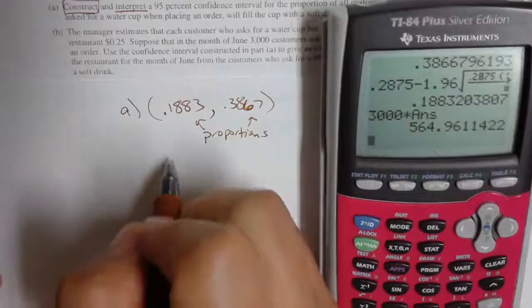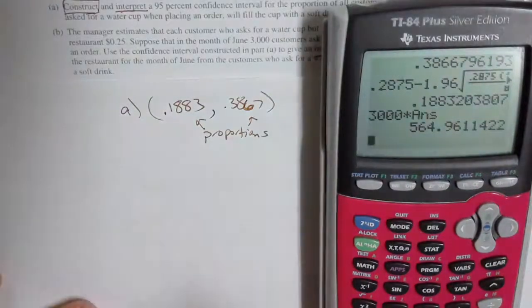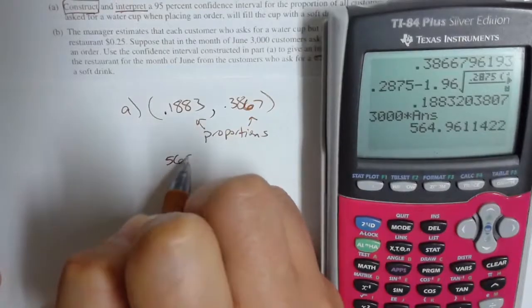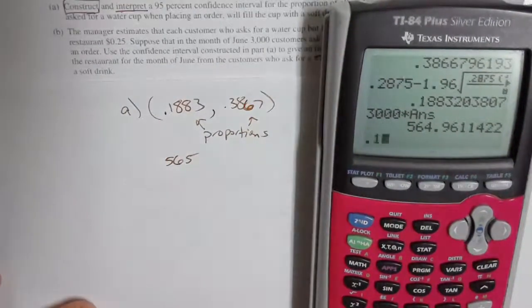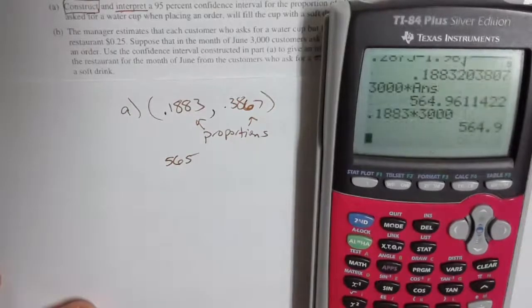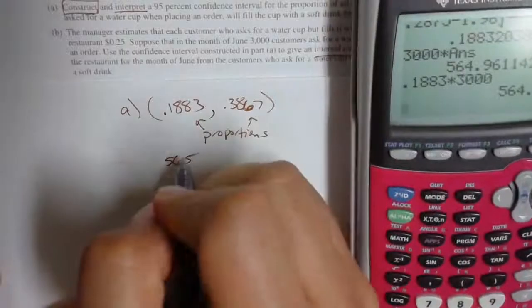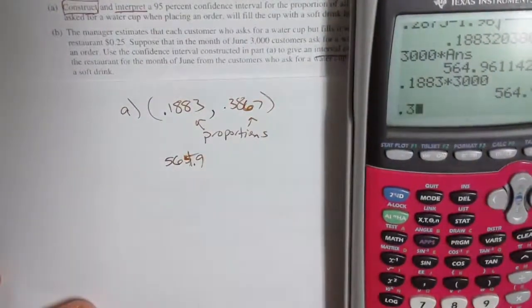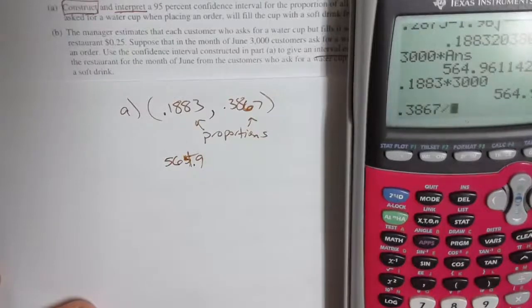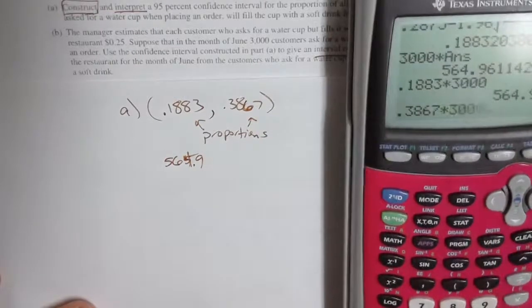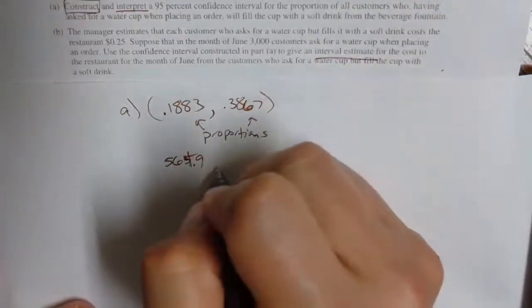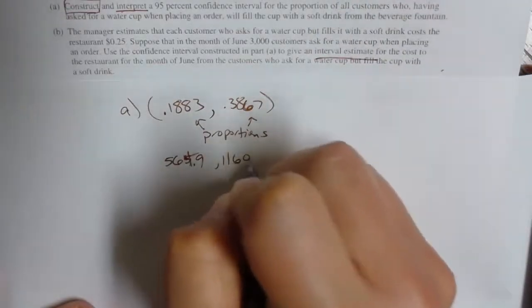So the interval is going to give us, I'm just going to show you what I mean here, 0.1883 times 3,000, 564.9. And then the 0.3867, multiply that by 3,000. This will give us an upper bound for an estimate. And again, it's an estimate. It's okay to use a rounded off number here.